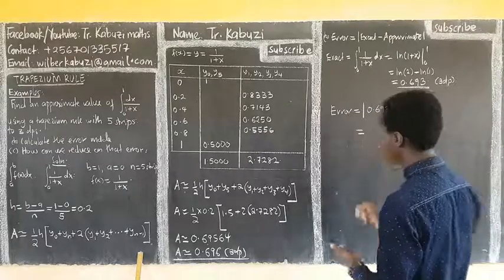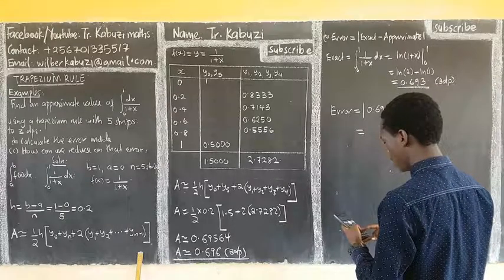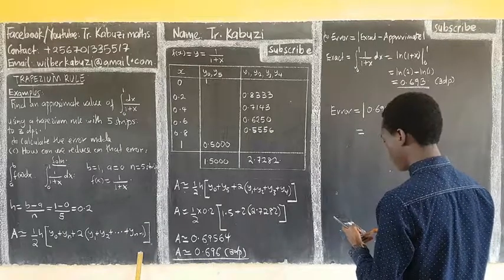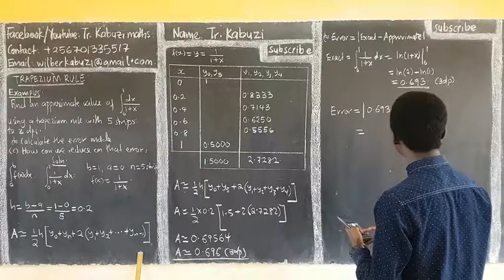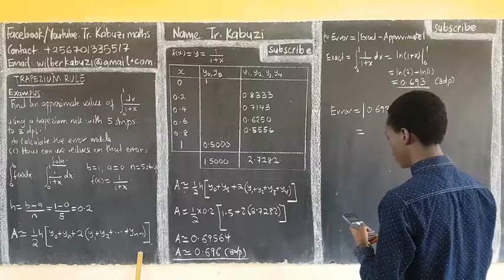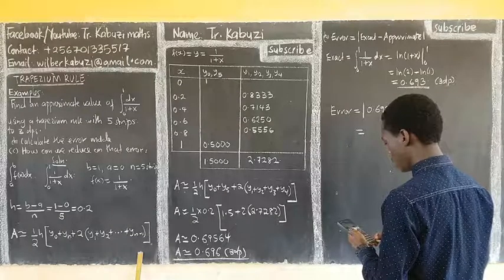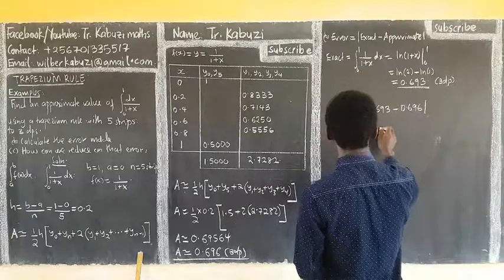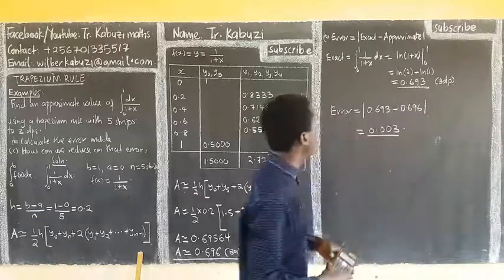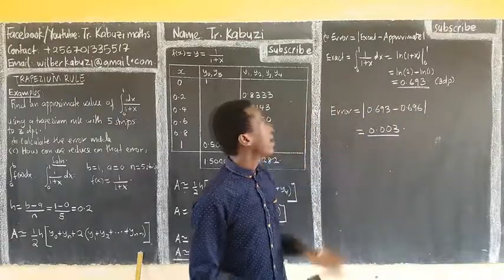So my error is going to be 0.003. This is the error made, but it's giving a negative, but we are getting the absolute value. That's why I'm having this.